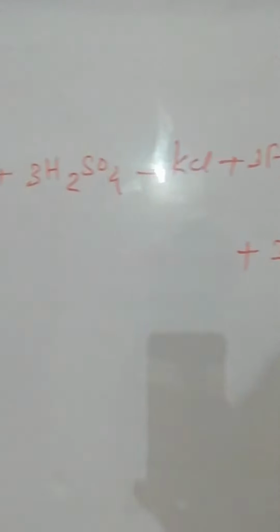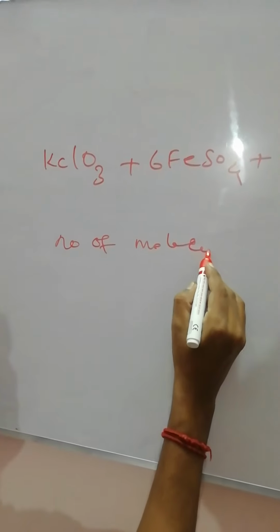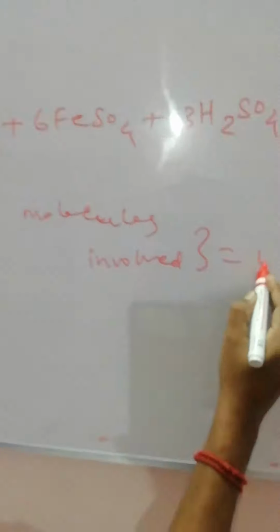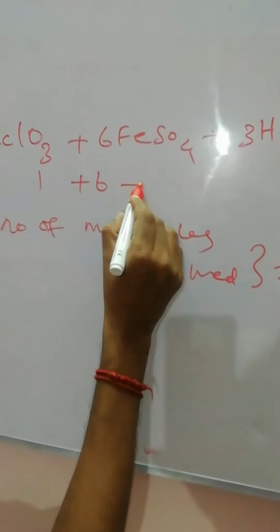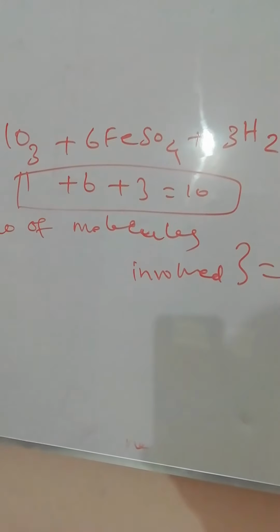So this is a reaction. In this reaction, how many molecules are involved in the stoichiometric equation? Number of molecules involved equals 1 plus 6 plus 3, equal to 10 molecules. So the number of molecules involved on the reactant side is 10 molecules.